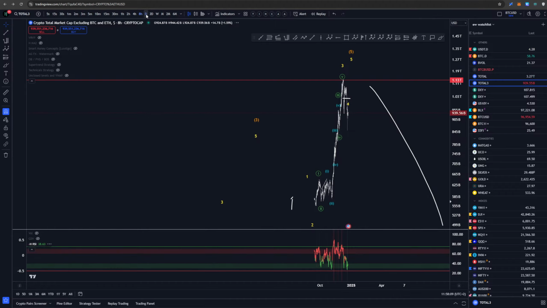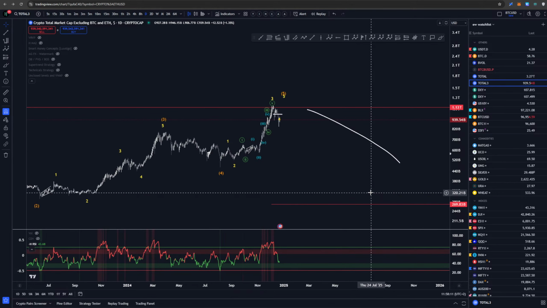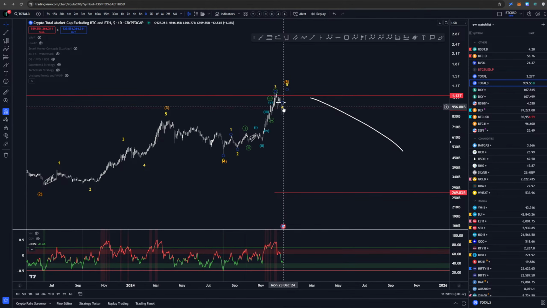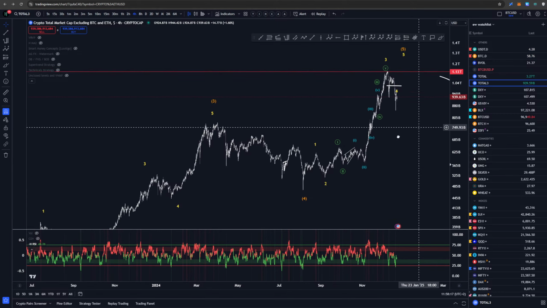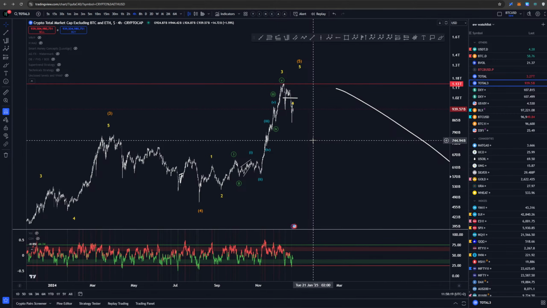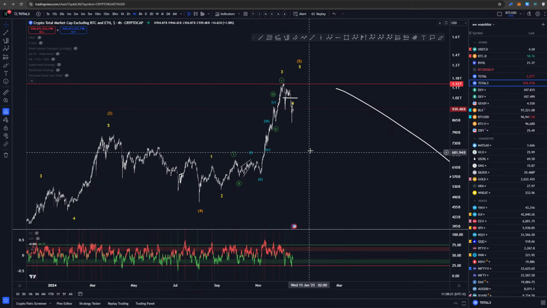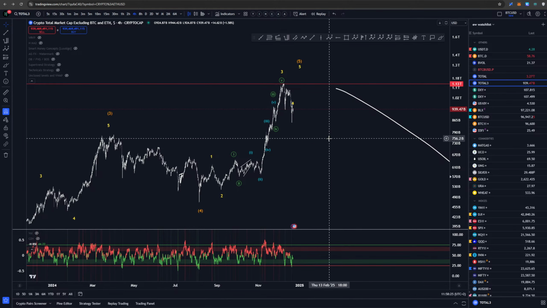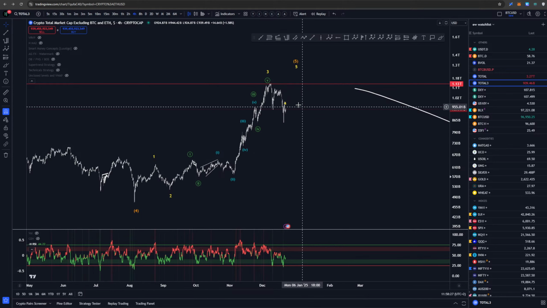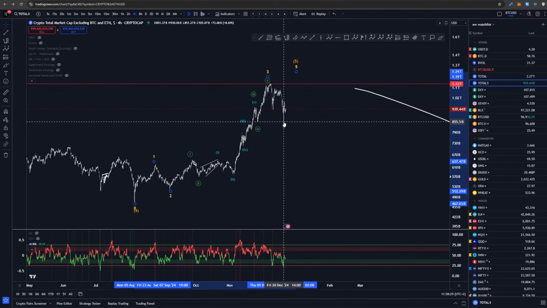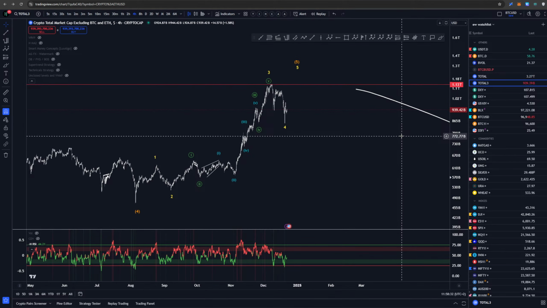So what we were expecting previously was some kind of wave 4. And that is exactly what we've actually gotten. A wave 4 of some sort. The crypto total market cap, excluding Bitcoin and ETH, so this is total 3. We were looking for a wave 4 of all coins. And that is there.